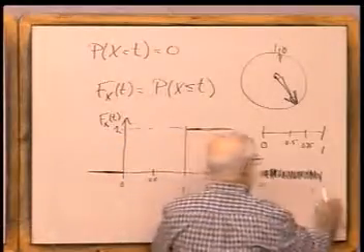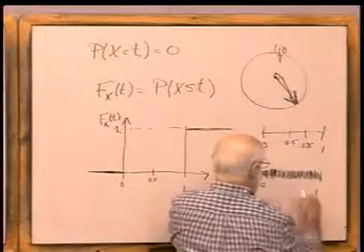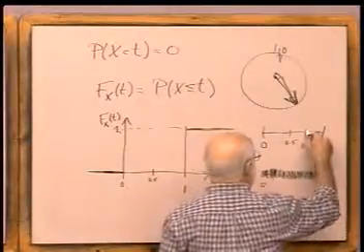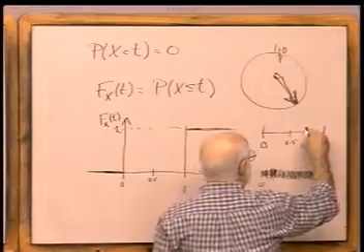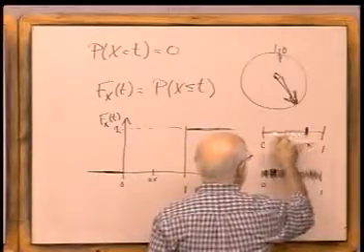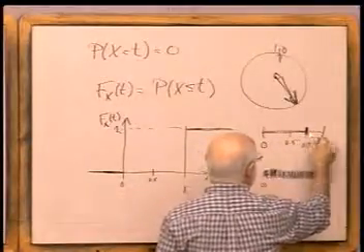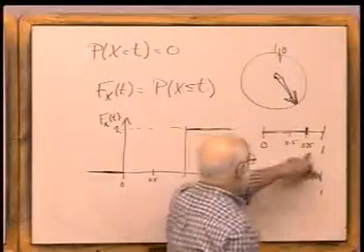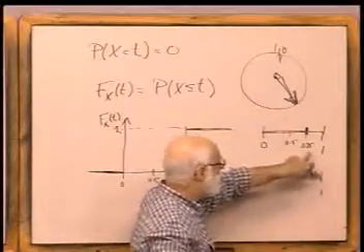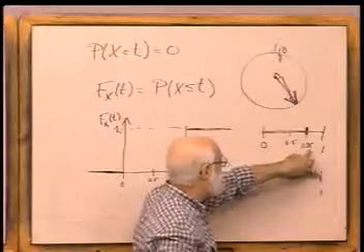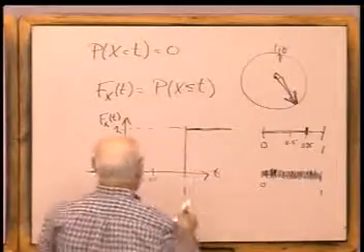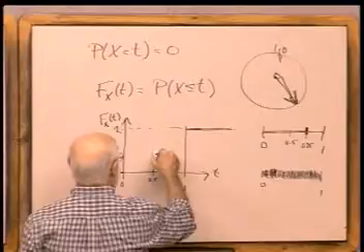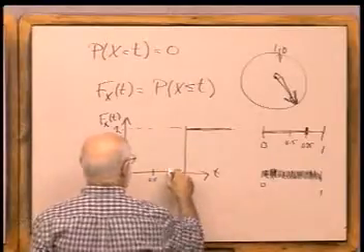So if they spread out evenly in the long run over that interval, then for 0.75, 75% of the time I should fall here, and 25% of the time I should fall here. So F of 0.75, the probability of being less than or equal to 0.75, should be 0.75.